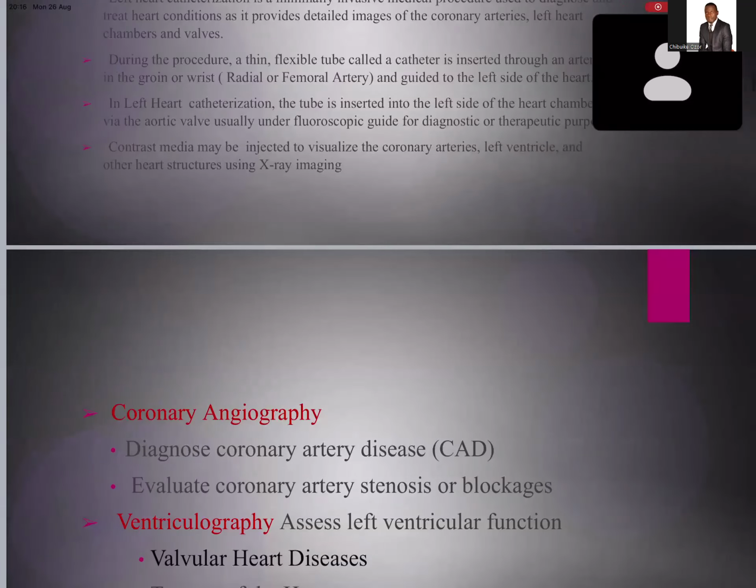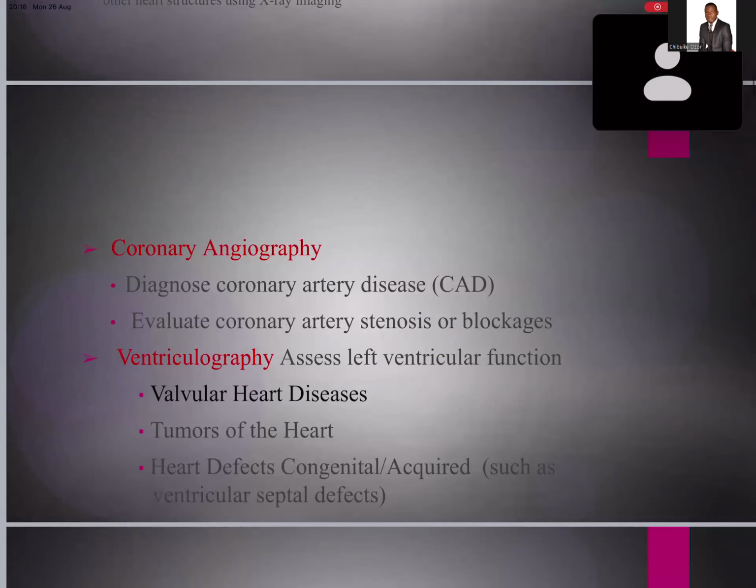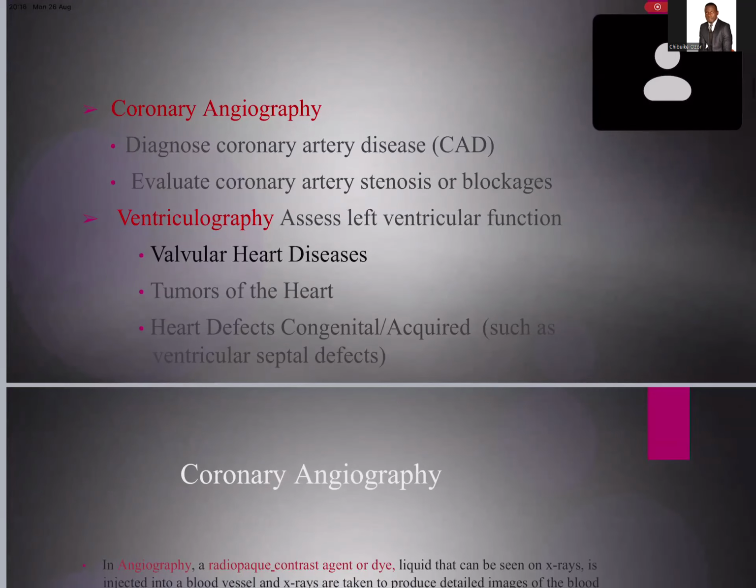So the main importance of left heart catheterization actually serves one for coronary angiography, which is essentially to diagnose coronary artery disease, to evaluate coronary artery stenosis or blockages, and then ventriculography, which assesses the left ventricular function, assessing the pumping activity of the heart.